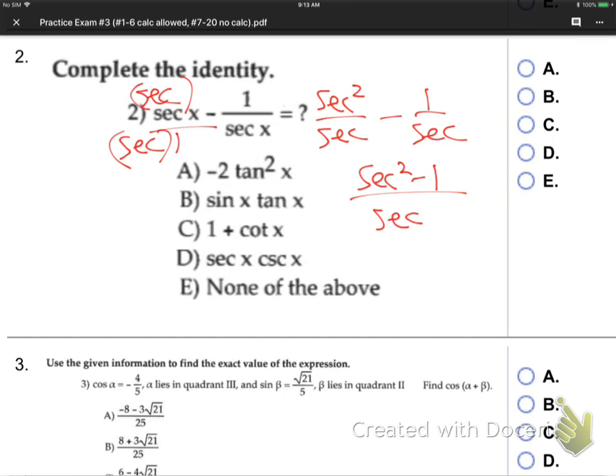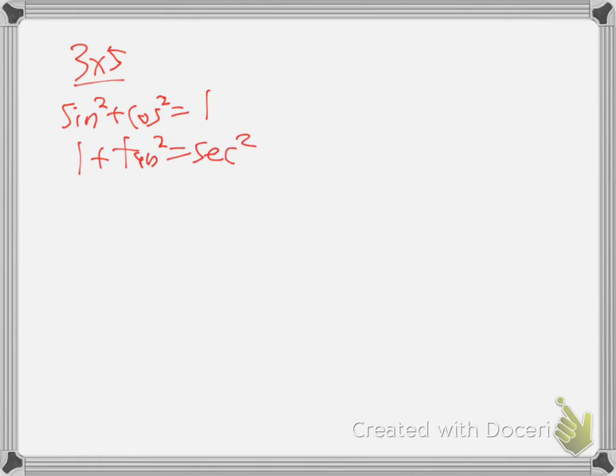So you remember that when you have these on your 3x5 card, you want to have on your 3x5 those basic properties. Remember, sine squared plus cosine squared is 1. That's most important. And 1 plus tangent squared is secant squared. 1 plus cotangent squared is cosecant squared.